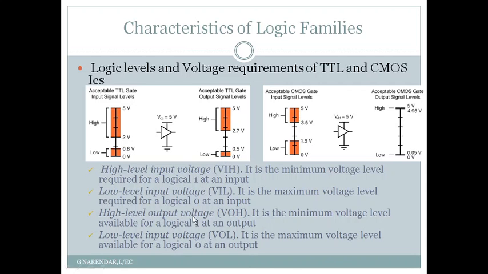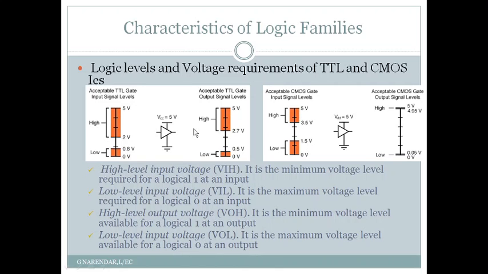So first we define high level output voltage VOH. It's a minimum voltage available for logic 1 at the output. So this is the minimum voltage for an output signal that is qualified as logic 1 or high signal.